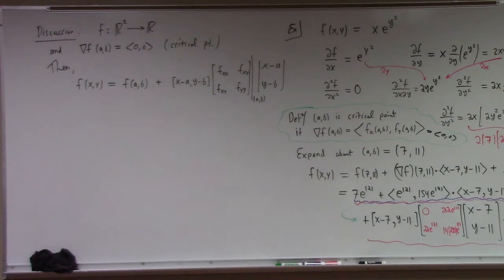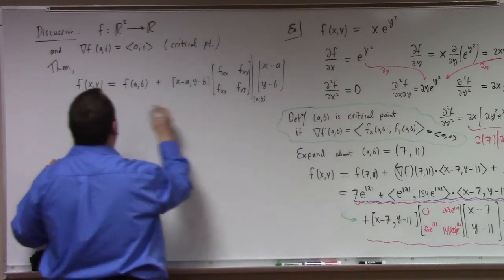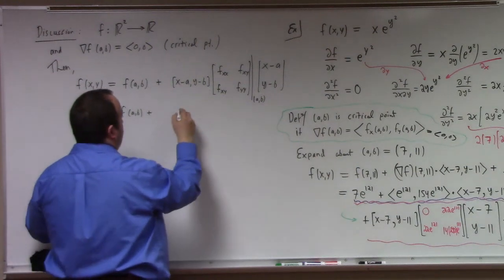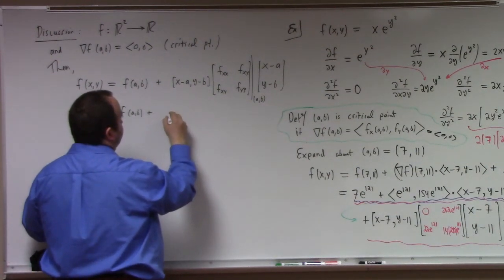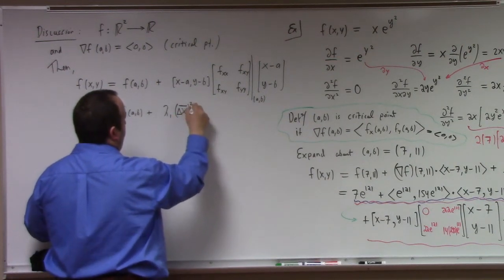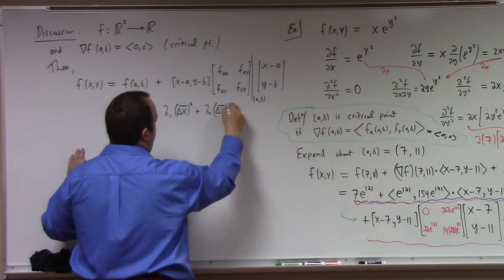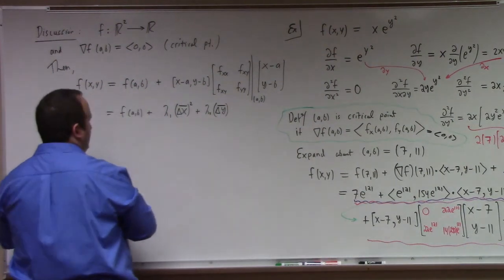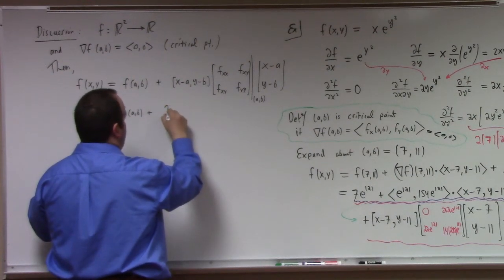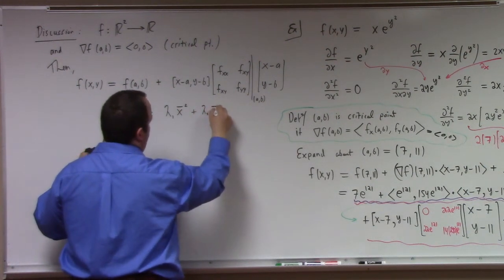We can choose eigencoordinates, and with respect to that system of eigencoordinates, we can rewrite this as lambda 1 x bar squared plus lambda 2 y bar squared.